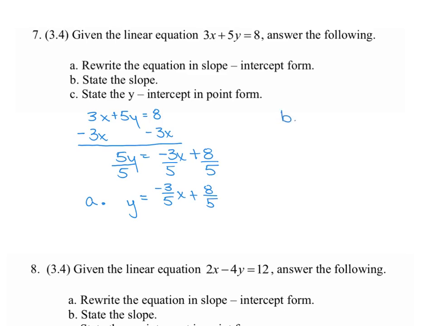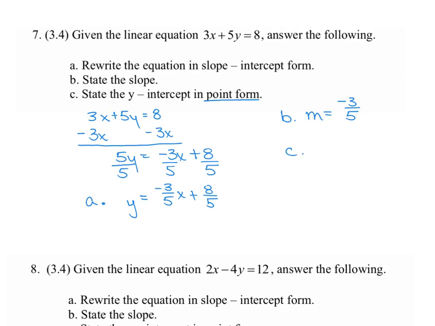For part B, what is our slope? We have m equals negative 3/5. Make sure that you just keep the number. There is no x in slope. So just the coefficient. And C, we do want to be careful. Make sure that you put the y-intercept in point form.